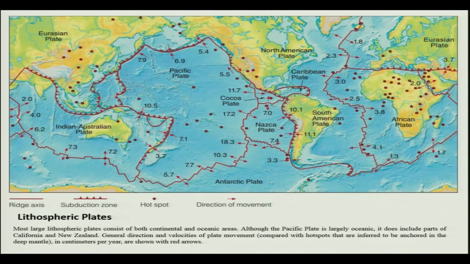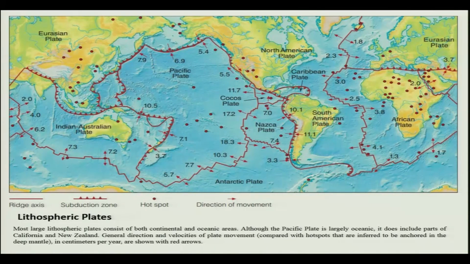So, we have the distribution of the oceanic and continental plates, and we also understand that the plates are either subducting with respect to one another, or they are sliding past one another.